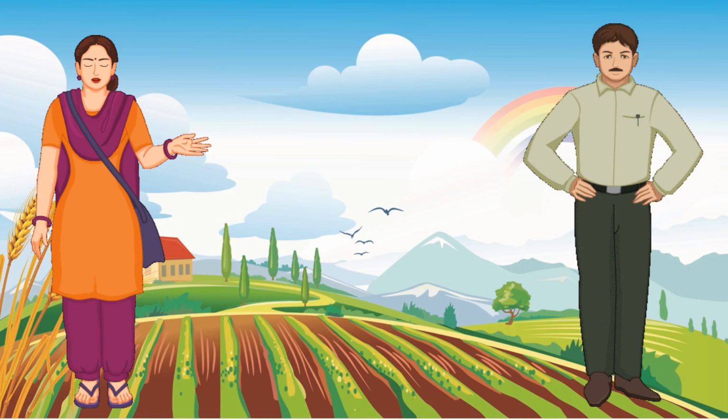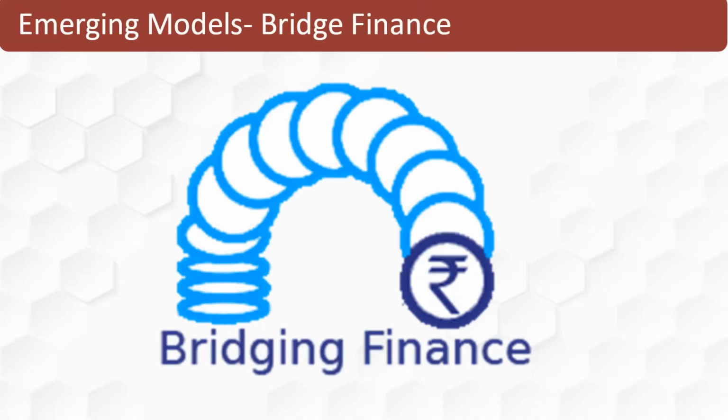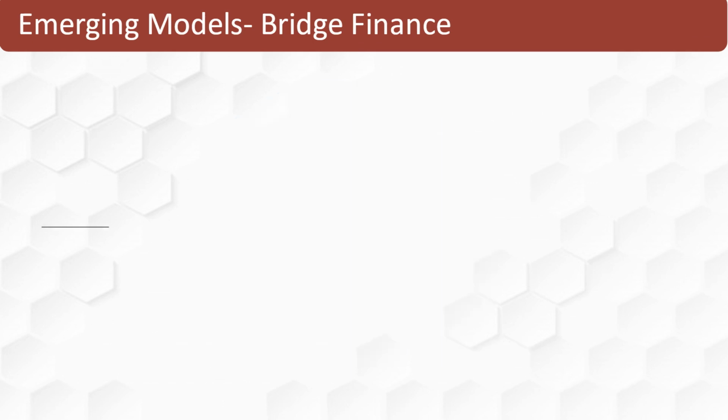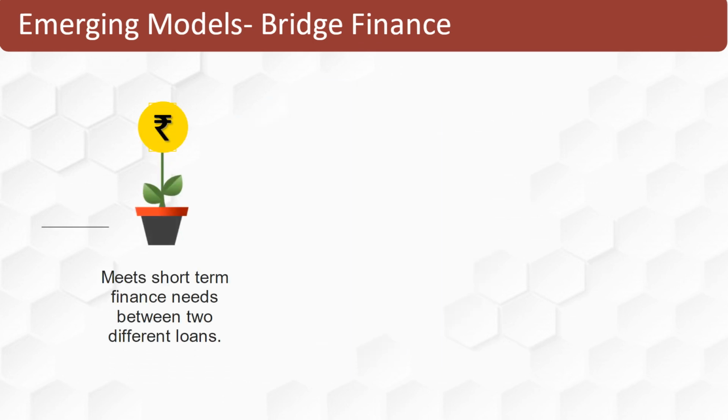Vinod, what is bridge? Bridge is something which connects two different points and helps reach from one point to the other. Bridge finance. This type of finance is a stopgap arrangement to address finance needs between two different loan periods.